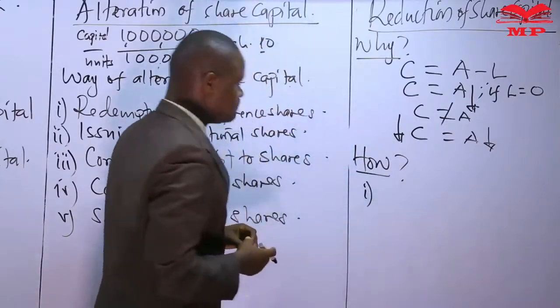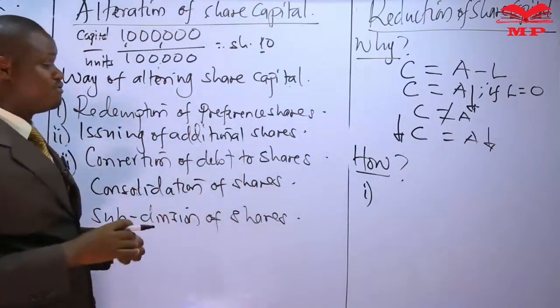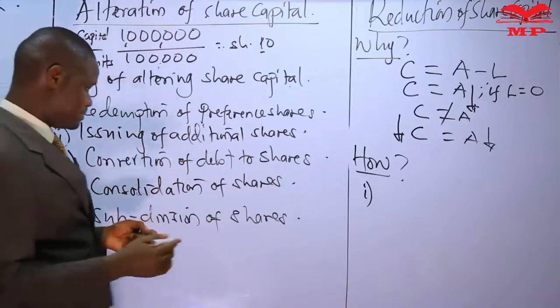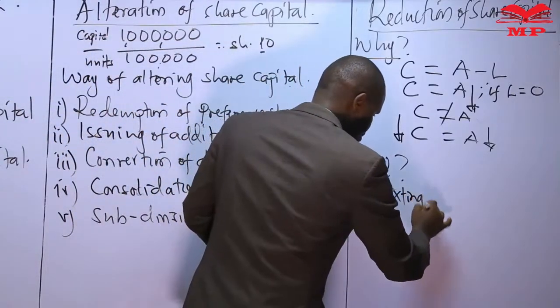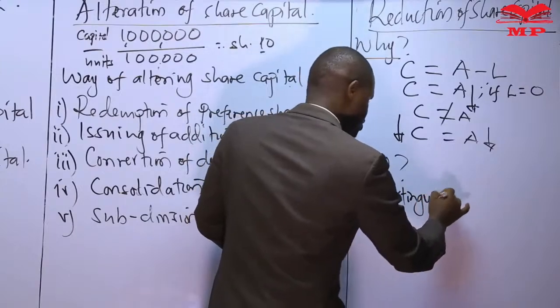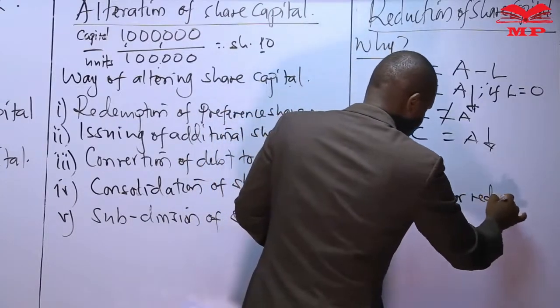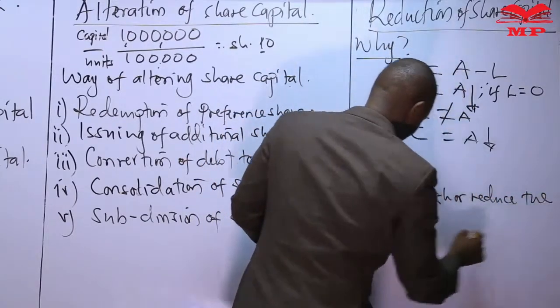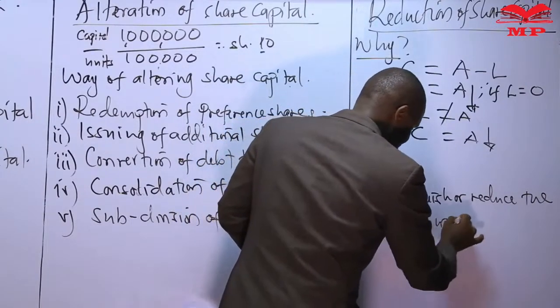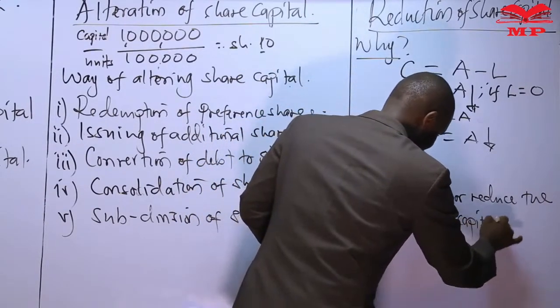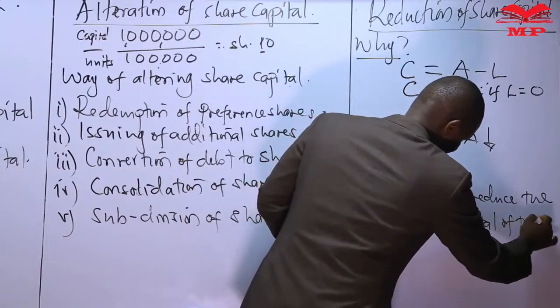Now, one of the possibilities that we may have, which is the easiest of all the possibilities, is where the company extinguishes or reduces the unpaid up capital of the company.